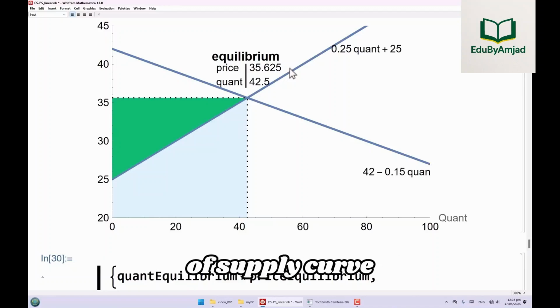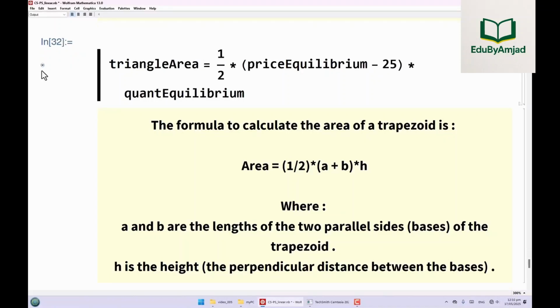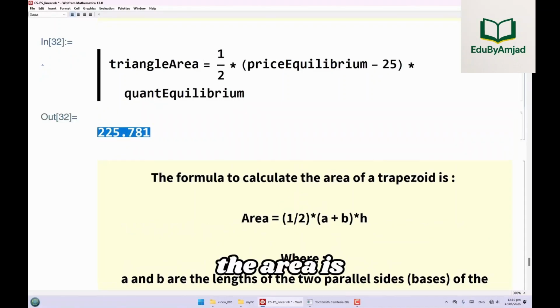Note that the intercept of the supply curve is 25. So the triangle area is half of the product of its sides. The area is 225.78, which is producer surplus.